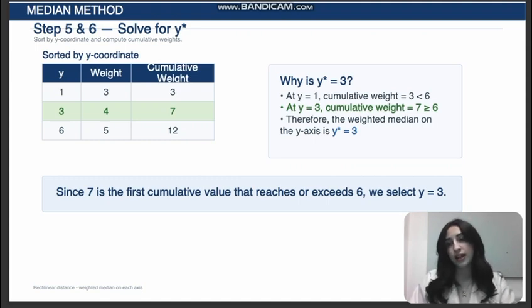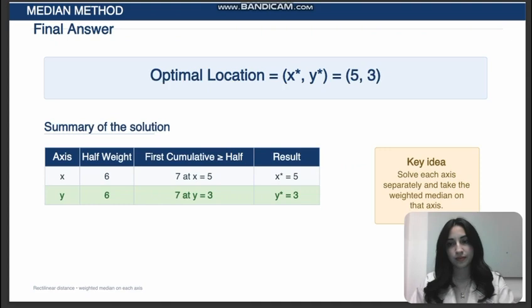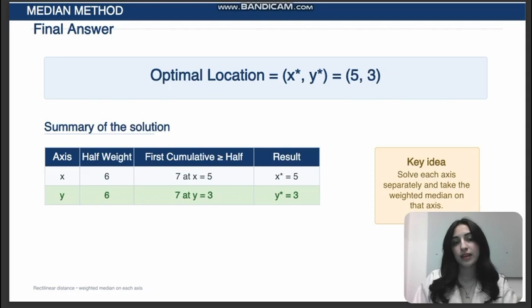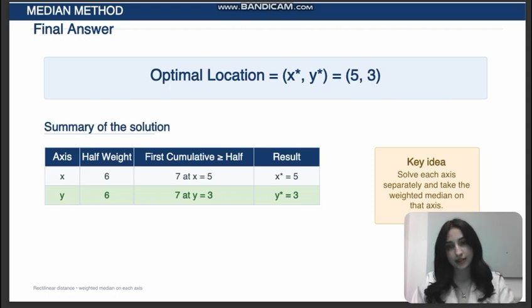So y equal to 3 is our optimal y value. We select y as 3. So here we have our final answer: the optimal location is 5 and 3 for x and y. In this method, again, the key idea is to solve each axis separately and take the weighted median on that axis.